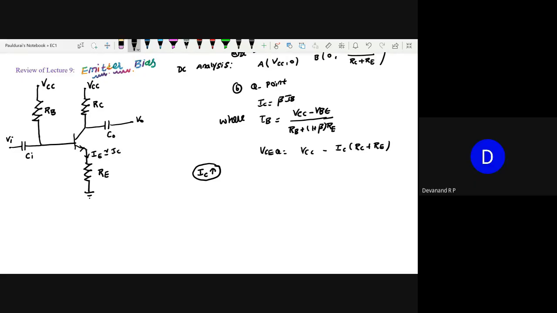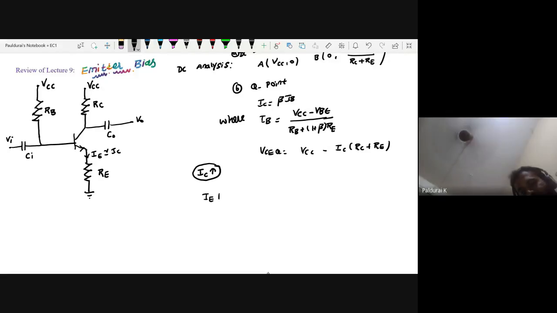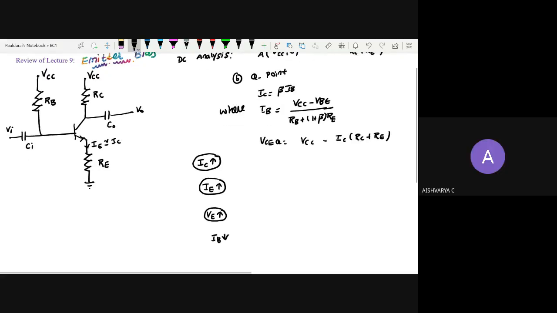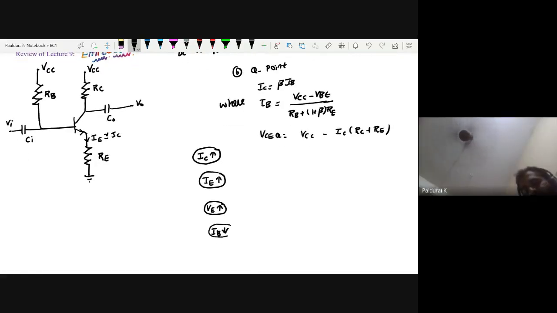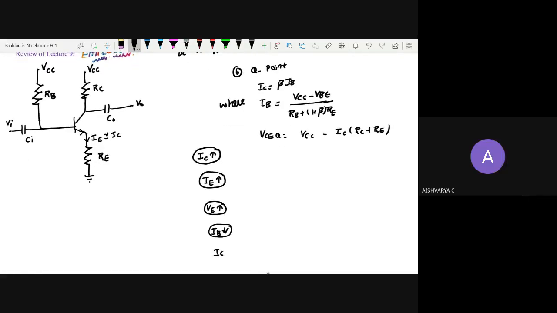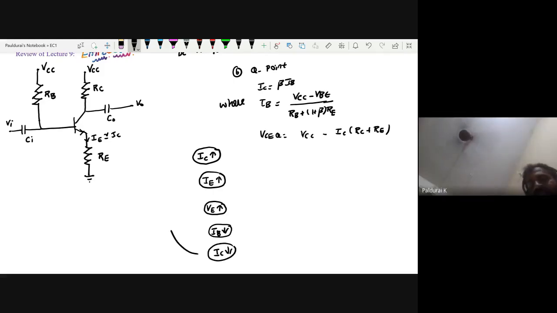IE increases. If IE increases, VE increases. If VE increases, IB decreases. If IB decreases, IC also decreases. This is the way we compensate IC.